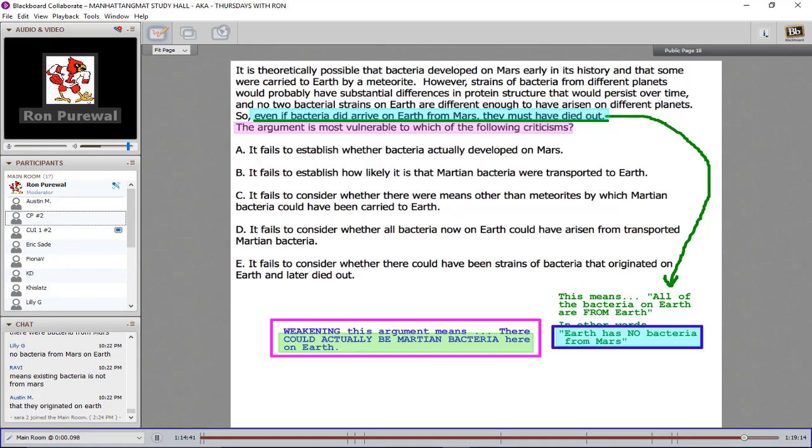That's what you want. That's the goal. It's a standard for a correct answer. Remember, you need to do that before you look at the answer choices, ladies and gentlemen. There's some sort of evidence or some sort of reason why there still could be Martian bacteria.